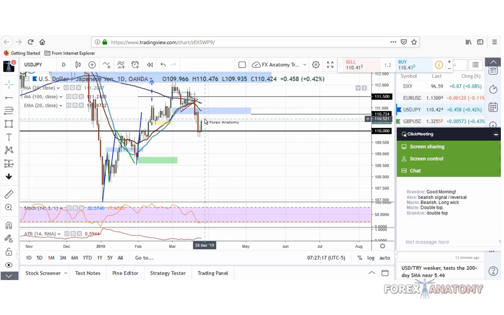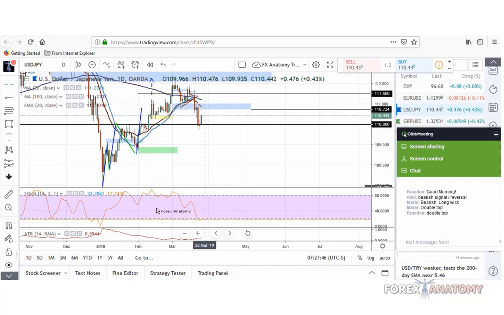I know we did a weekly outlook with our premium members, and I gave multiple areas where I think price could find some sort of resistance. I forgot what plan this was, I think this could be plan C or whatever, but I'm looking for a deeper correction now. I know I gave you guys a certain zone on plan A that came right where price is now, but I'm thinking we should see a deeper correction, mainly because of what we see right here.